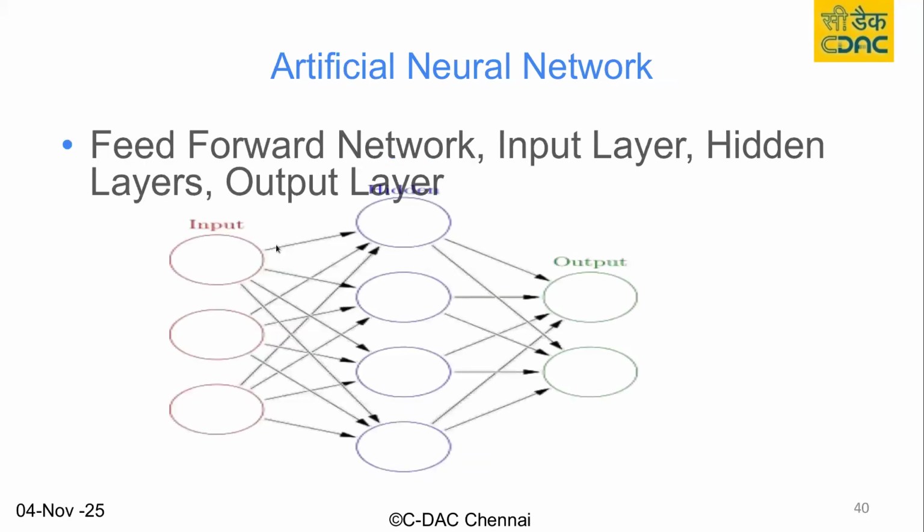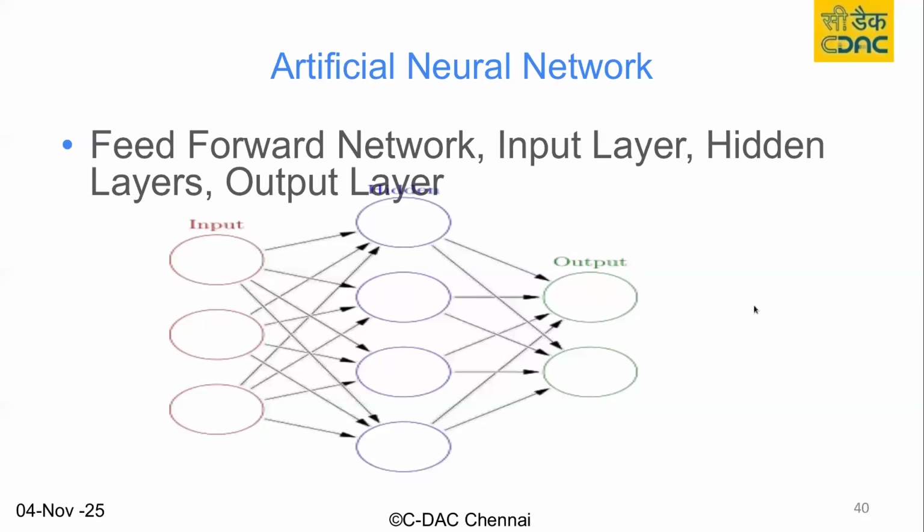So this is one such neuron. If I have multiple such neurons connected to each other, then I can make an artificial neural network. This neural network has three neurons in the input layer, four neurons in the hidden layer, and two neurons in the output layer.